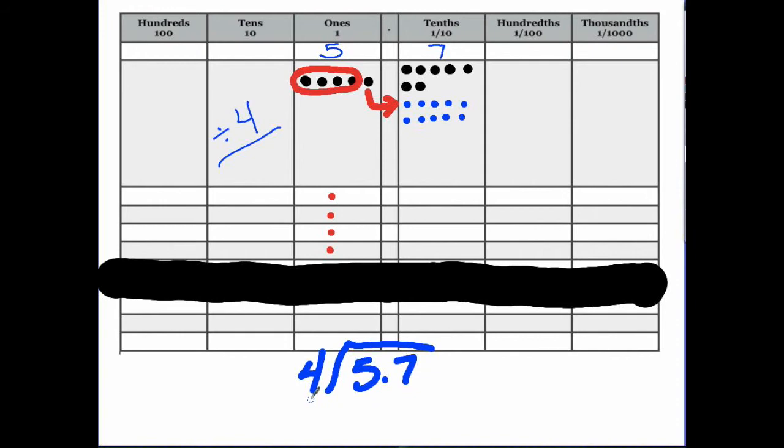How many times does 4 go into 5? Once. Is that what we got here? Yes. But when we multiply, of course I did it way too far down. Let's try it over here.